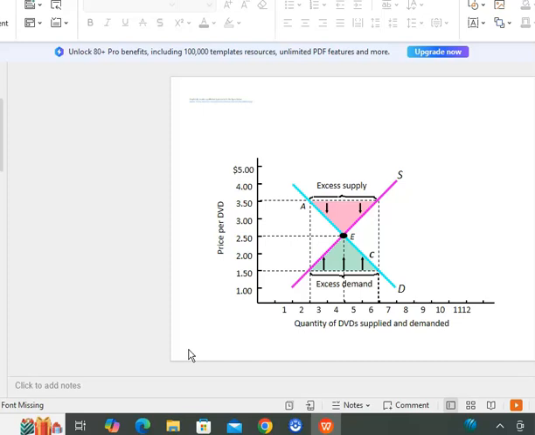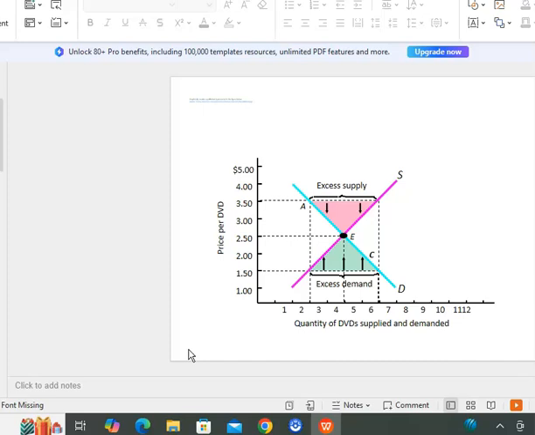So looking at the diagram, you can see that we have a graph that shows the demand curve and the supply curve, and on the vertical axis we have the price per DVD, and on the horizontal axis we have the quantity of DVDs demanded and supplied.